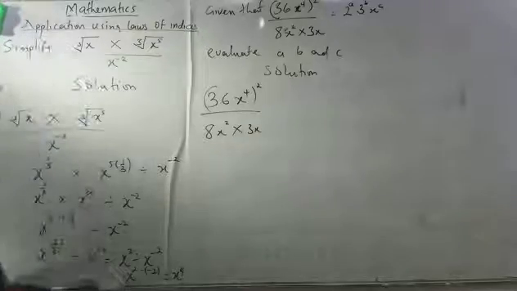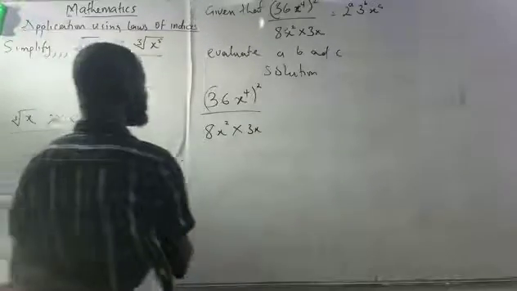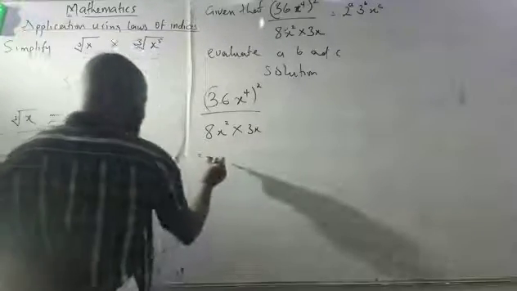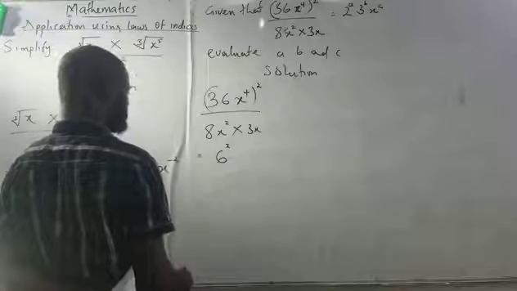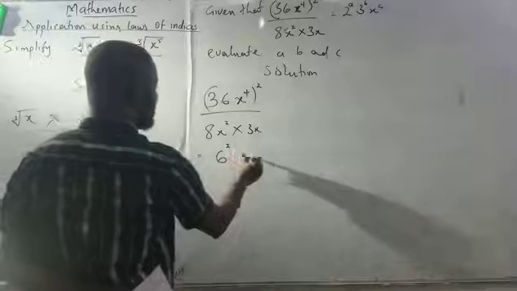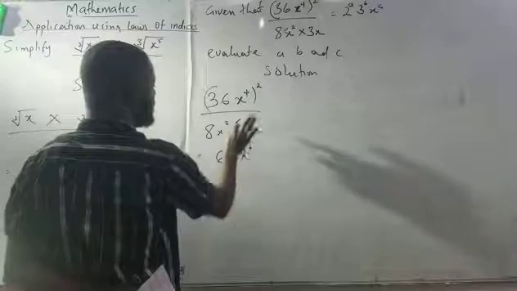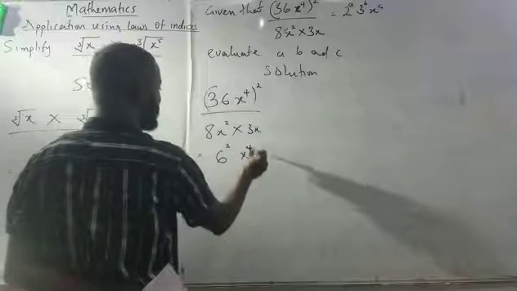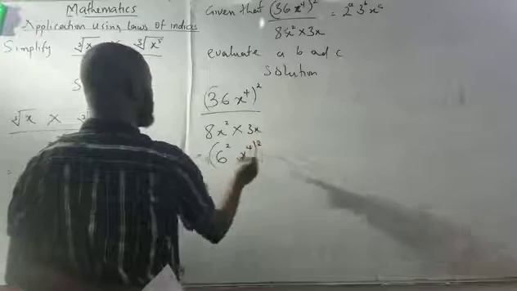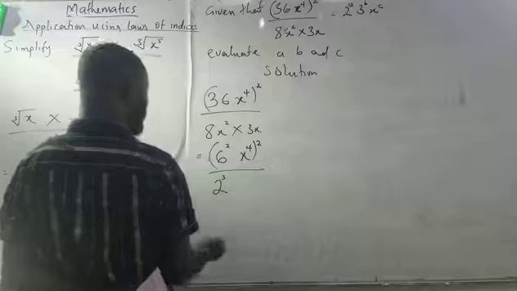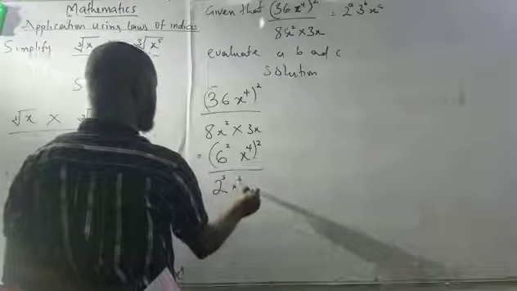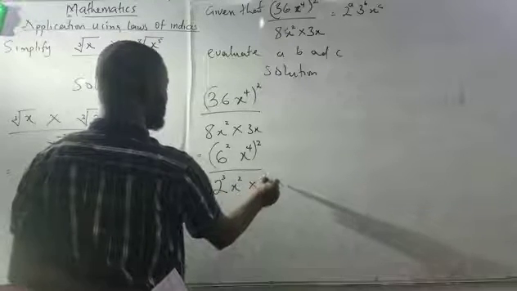I can write this as 6 raised to the power 2, which is 36, and x raised to the power 4, and in the bracket 2 raised to the power 3, which is 8, x raised to the power 2 and 3x raised to the power 1.